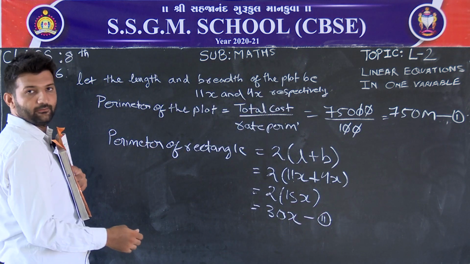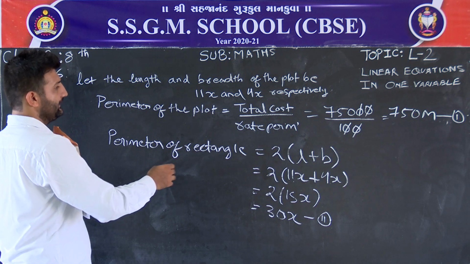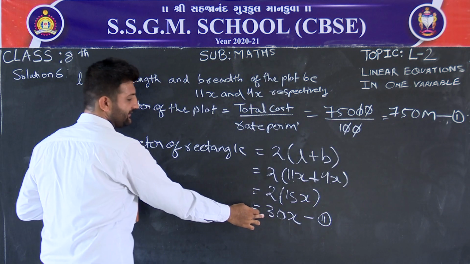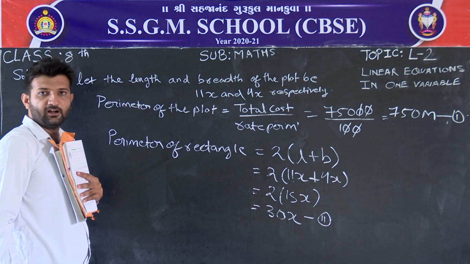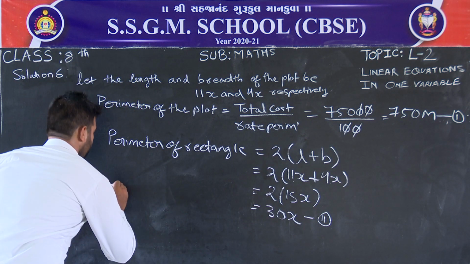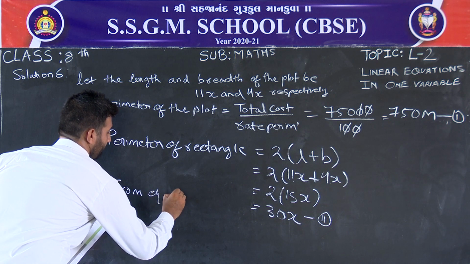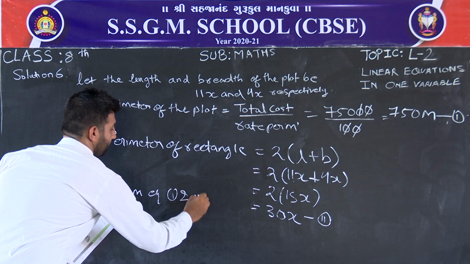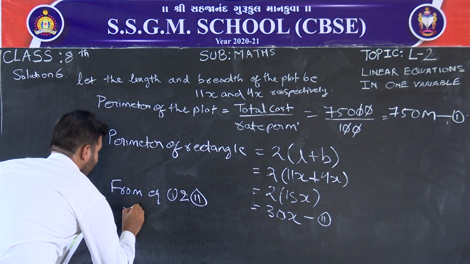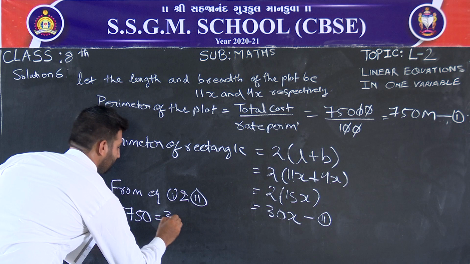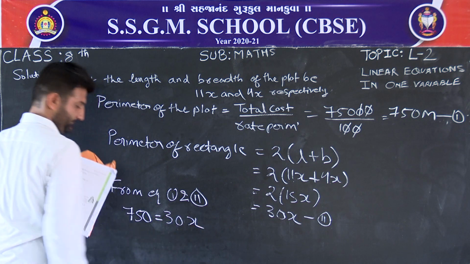From equations 1 and 2 we can see that this is the perimeter of the rectangular plot and this is also the perimeter of the rectangular plot. So from equations first and second, 750 will be equal to 30x.